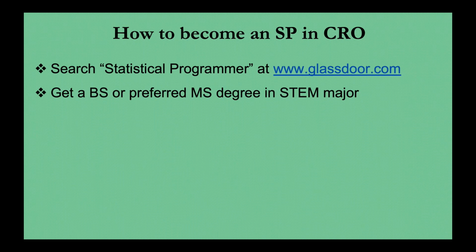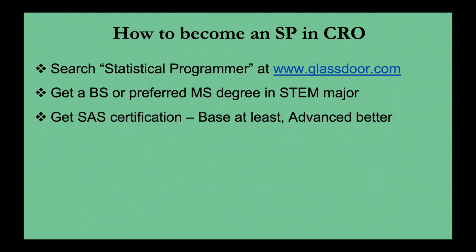And after you see the requirement job description, you probably know that usually an SP need a bachelor degree or preferred MS degree in STEM major. Some jobs may not require specific major, but usually they want STEM major.